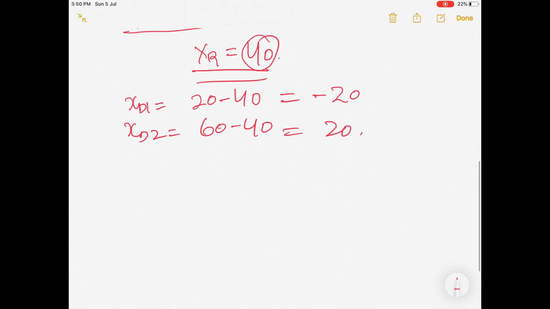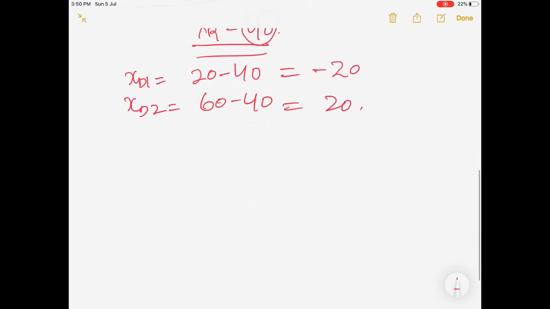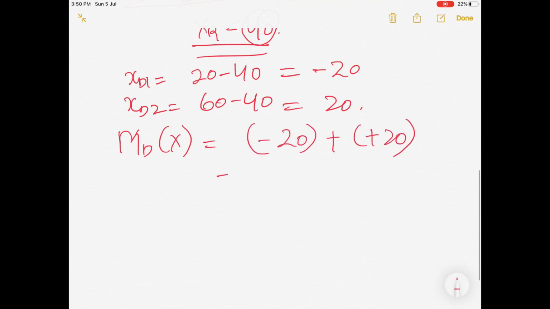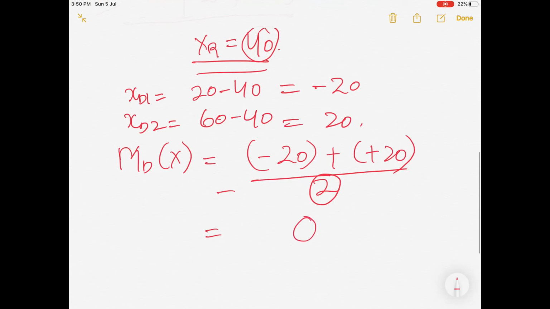When we put these values into this formula, we find that MD of X equals minus 20 plus 20 divided by 2, because the number of data points is 2. What we are getting is equal to 0, meaning these two values are cancelling each other. So this is a problem.